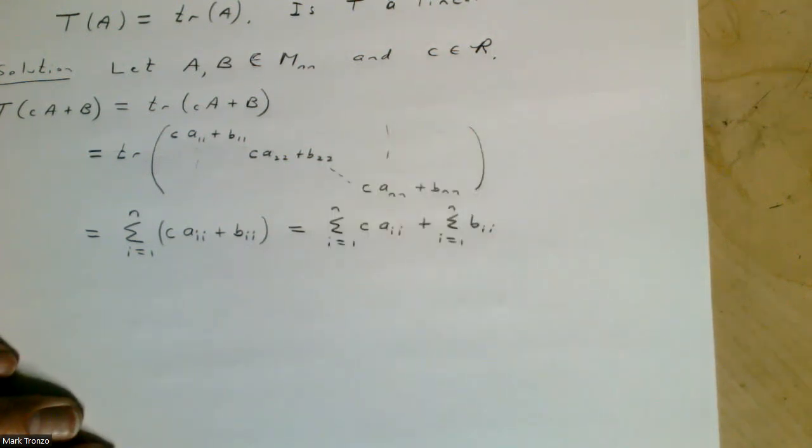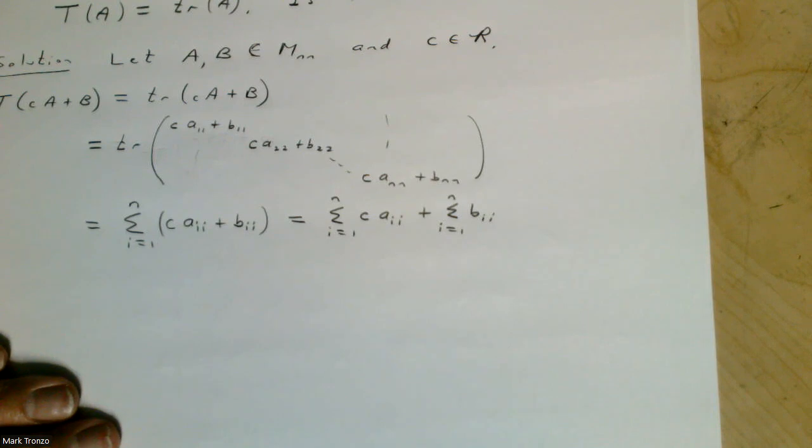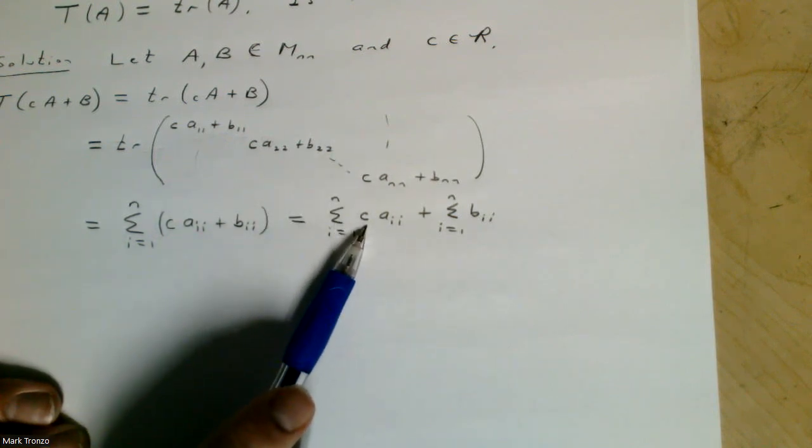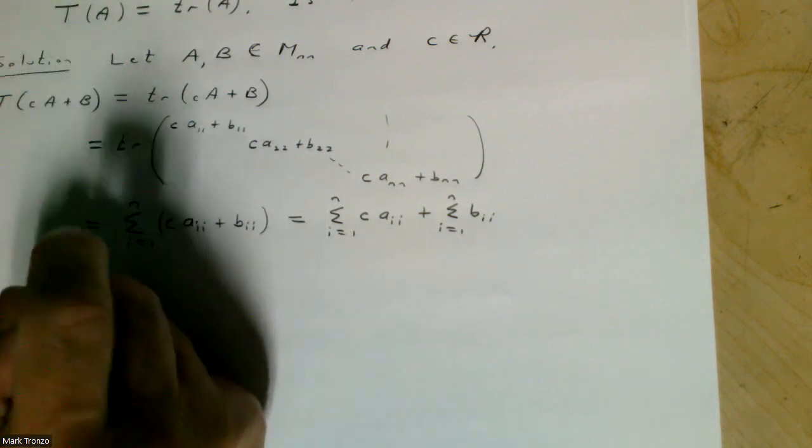Now again, using the rules of sums, we can break those apart. And furthermore, once again, with sums, remember, if you have anything here that does not have an index in it, you can factor it out.